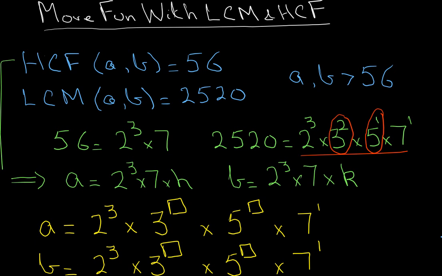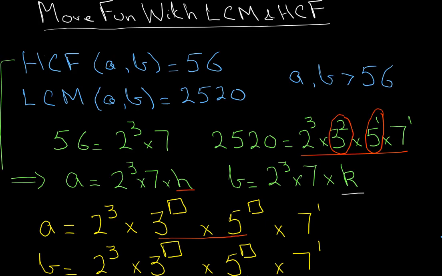I also know that H and K, remember, this part is really H. So if you think about it, this part is the H part, and this part is the K part, right? And H and K cannot have any common factors and hence no common prime factors.